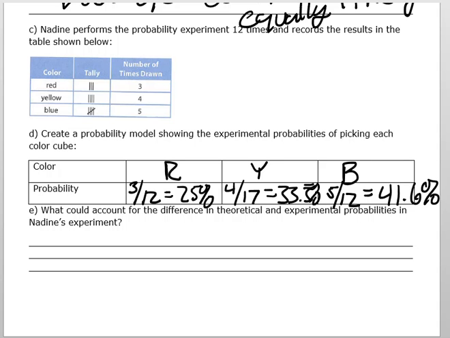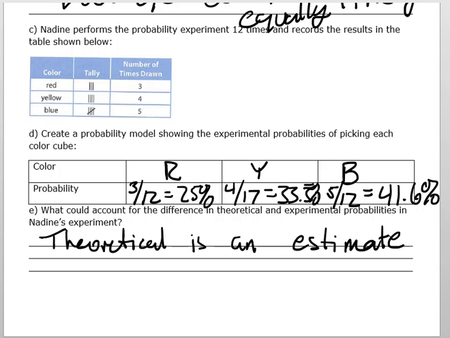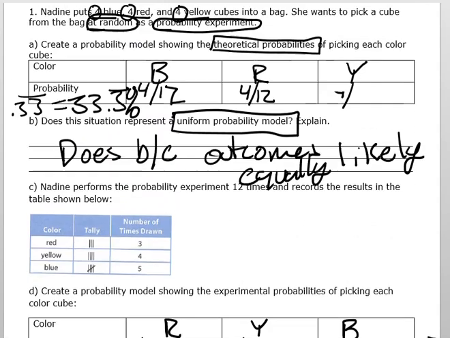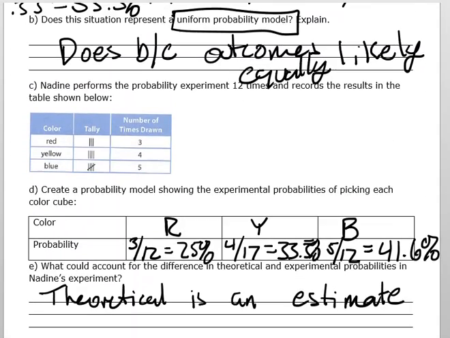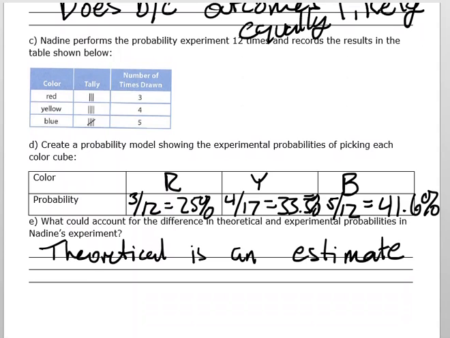What could account for the difference in theoretical and experimental probabilities? So again, theoretical is an estimate. Now, in the Khan Academy video that I'm posting in the description, Sal Khan talks about when you have thousands of events or thousands of experiments, meaning she didn't just pull the cubes 20 times, she pulls the cubes a million times.